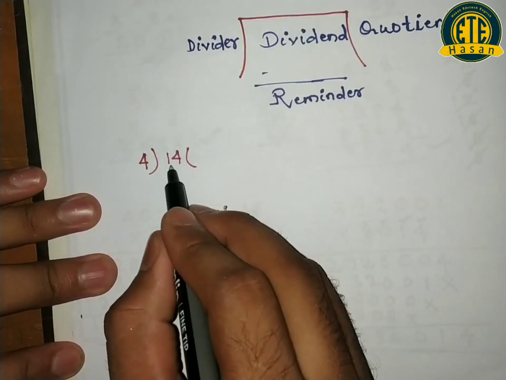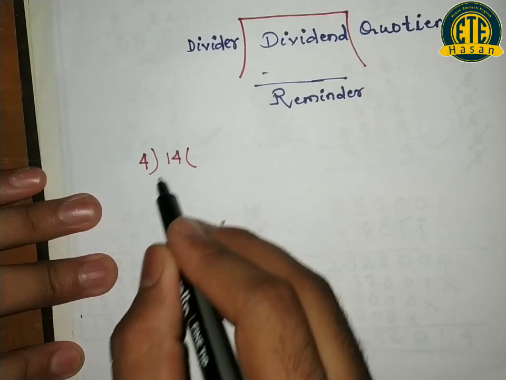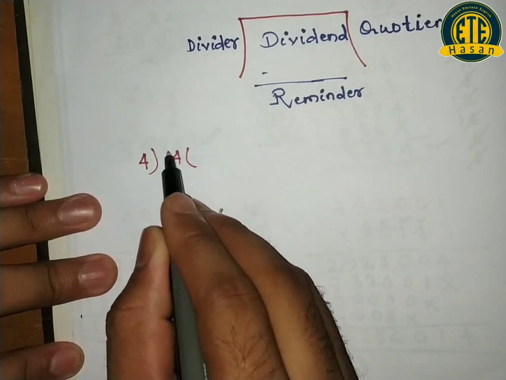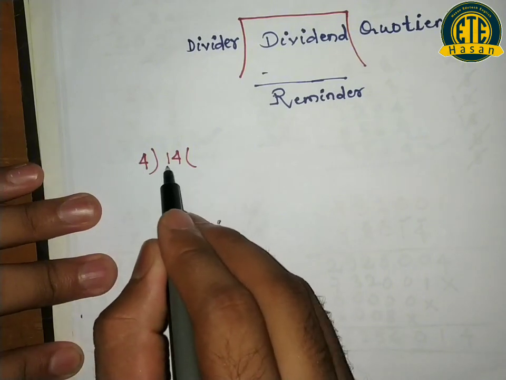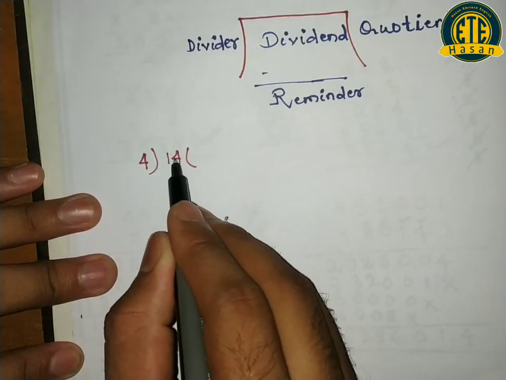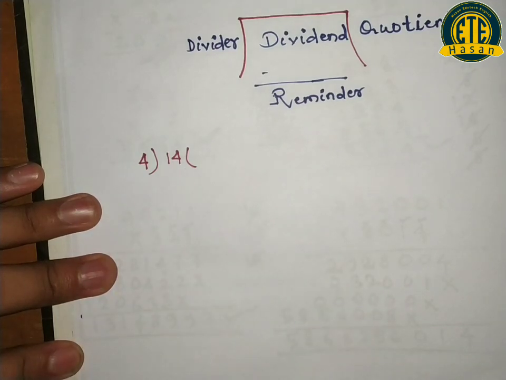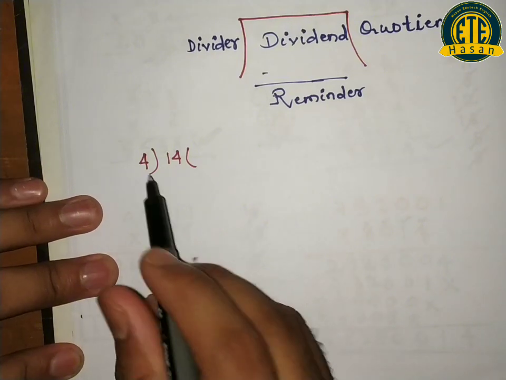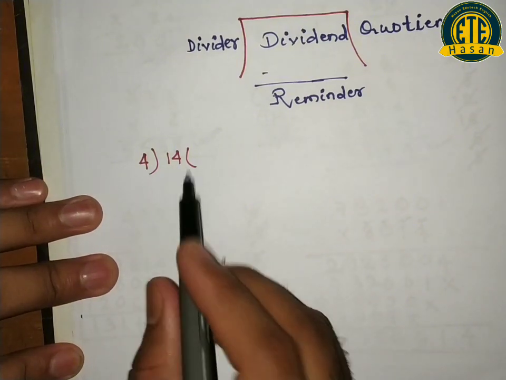So the first time we take two numbers, because the first number is not divisible by 4. Including these two numbers, it will be 14. So we count 4 till 14 or below 14.